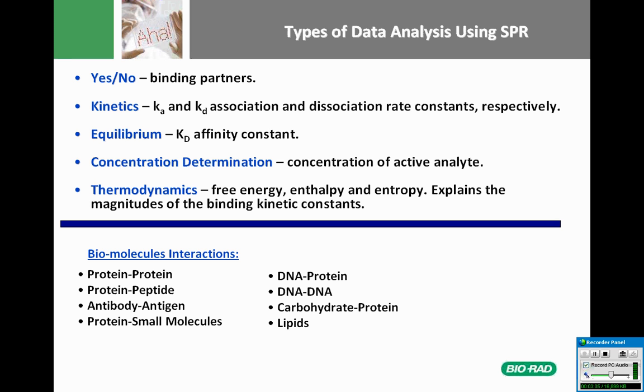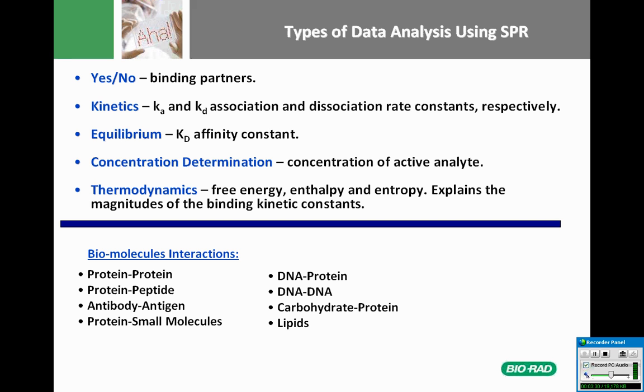Also, one can determine the active concentration of a protein in a solution. This is unlike just measuring total protein concentration in a vial using, let's say, 280 nanometers, which will tell you how much total protein is in your sample. But using the ProteOn XPR, you can determine the active concentration of your protein.